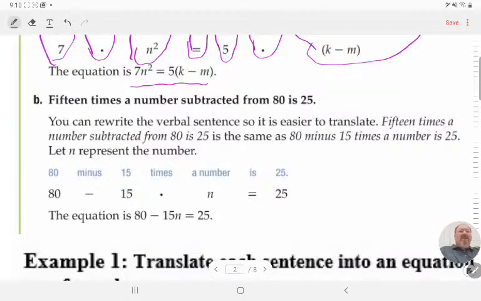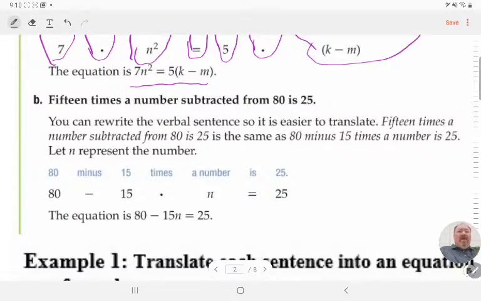It says 15 times a number subtracted from 80 is 25. So I can rewrite the verbal sentence so that it is easier to translate. 15 times a number subtracted from 80 is 25 is the same as 80 minus 15 times a number is 25. Let n represent the number.